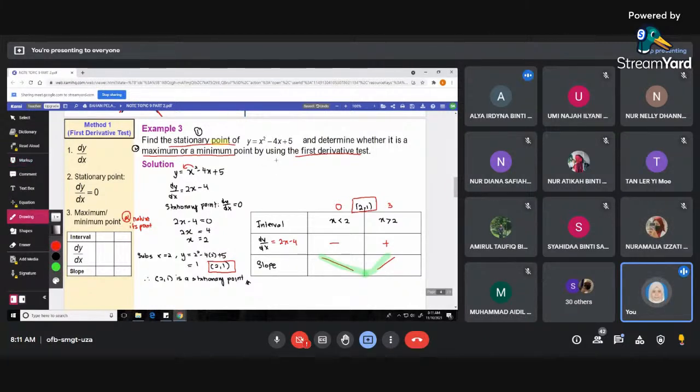So the answer will be, 2, 1 is a minimum point. Okay? So, settle this question. I give you a minute to copy down, and then we move to the next question.